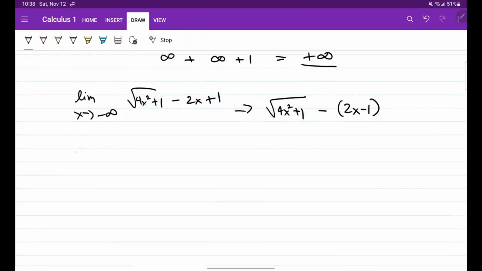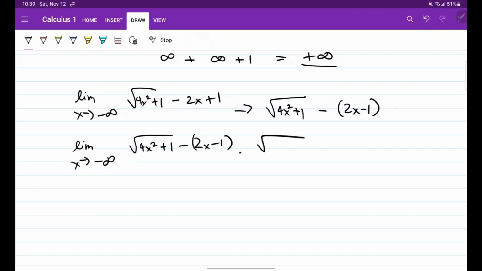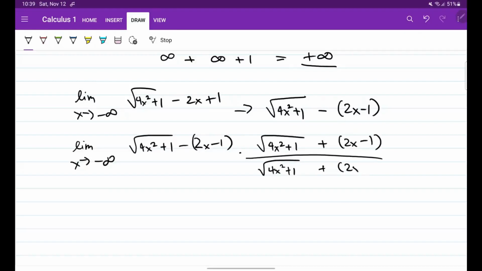So now we can multiply by the conjugate. The limit as x approaches negative infinity of square root of 4x squared plus 1 minus 2x minus 1 times square root of 4x squared plus 1 plus 2x minus 1, all over square root of 4x squared plus 1 plus 2x minus 1.